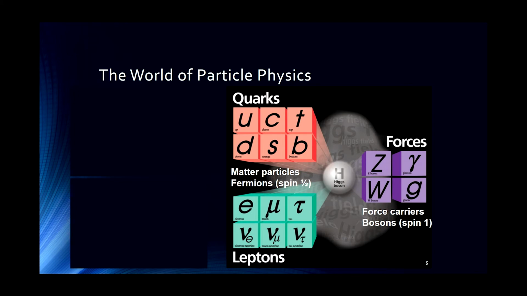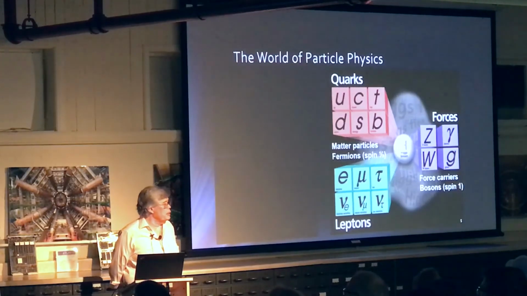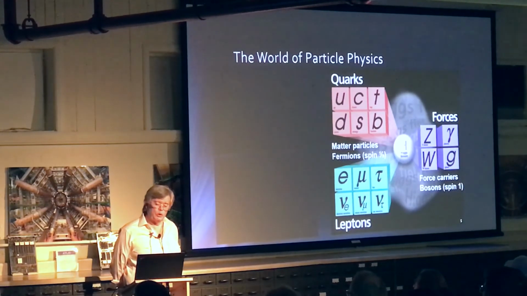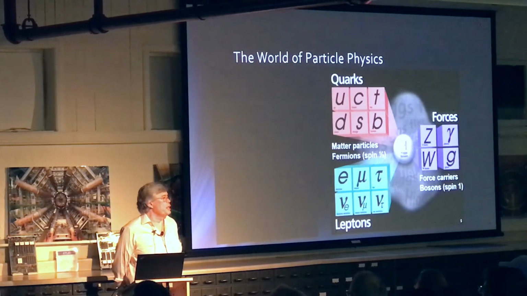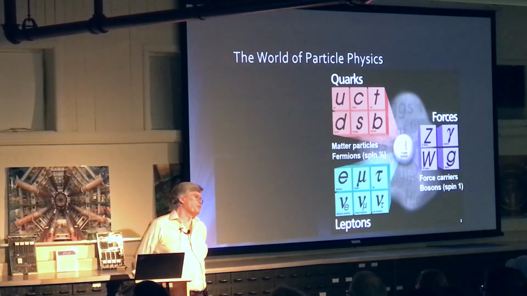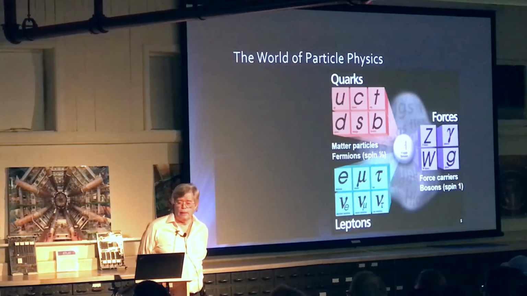And then finally, on the right-hand side, you see the force particles. These are particles that carry the forces. The ones labeled Z and W, as I'll indicate in a moment, are responsible for giving rise to the weak force, one example of which would be radioactive decay.